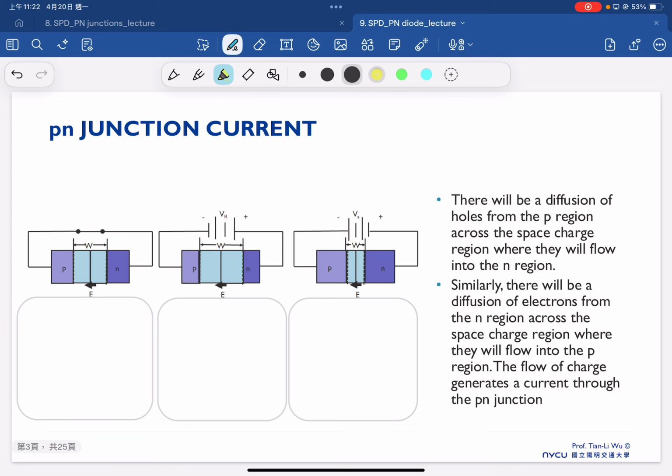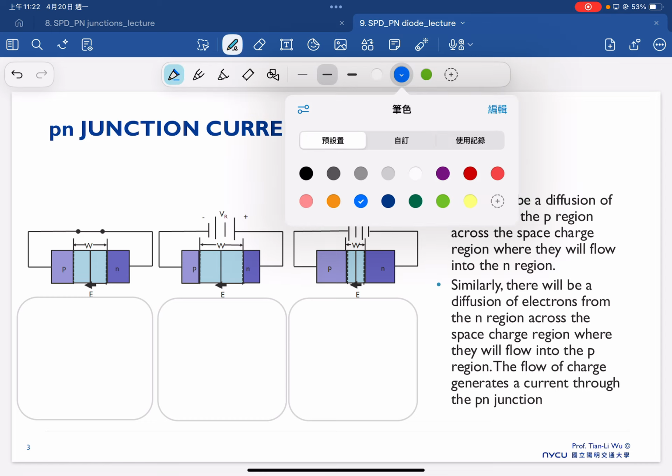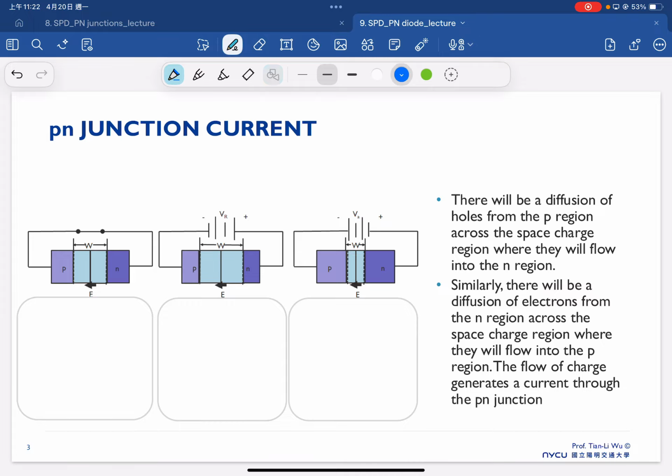So the first one is the p-n junction current. In the previous case, we already mentioned that with zero bias, we have a constant Fermi energy across the whole system. On the left-hand side, we have the P region, and on the right side, we have the N region.